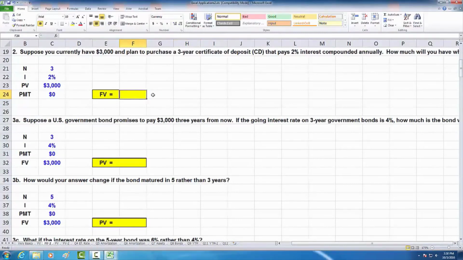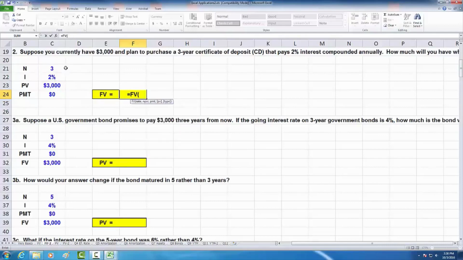What you need to do is just click any cell, use the built-in function FV, the future value. So the rate is the interest rate, 2%, the number of periods is 3, okay?